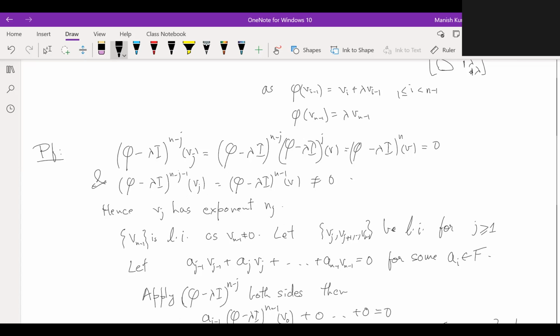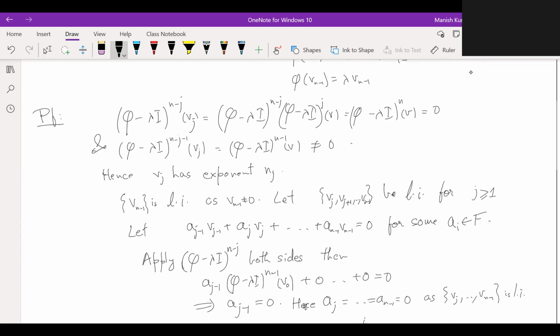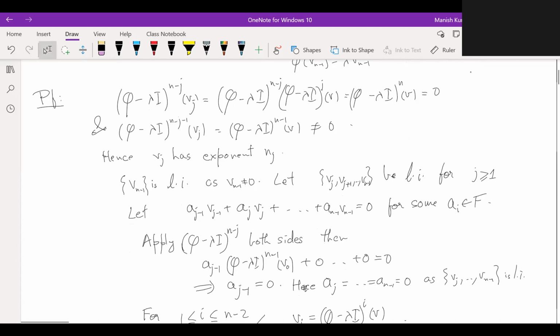If you apply this, the only thing remaining will be this term: Aj minus 1 times Vn minus 1. Since Vn minus 1 is non-zero, you get that Aj minus 1 must be 0.